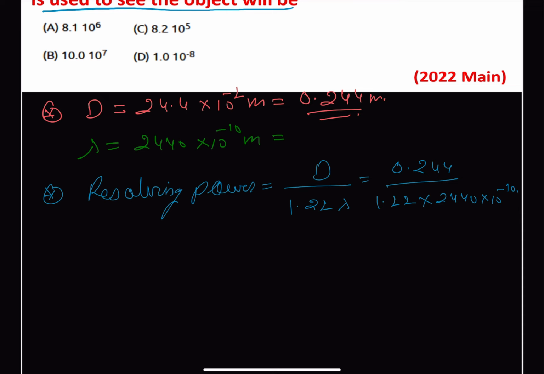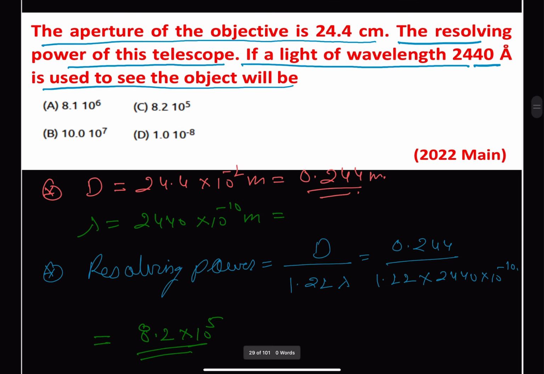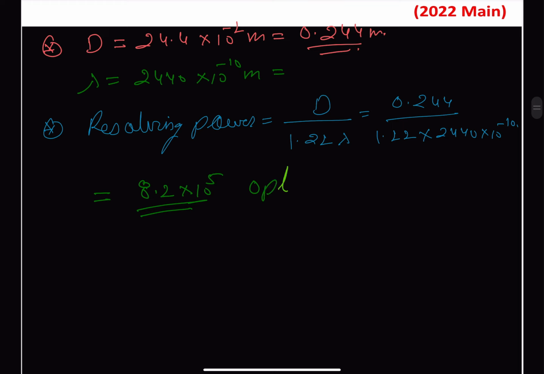And the resolving power will come approximately as 8.2 times 10 raised to power 5. So option number C is the correct one. Option C is correct. Next question.